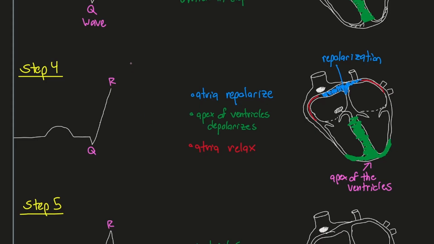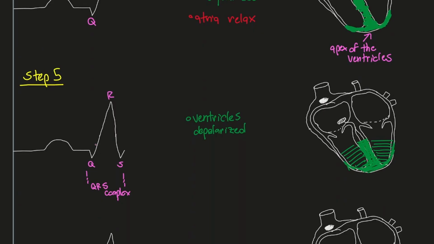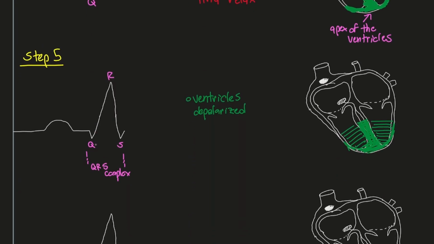So the important thing of our step 4 with the R wave forming is we see the conduction reach the apex of our ventricles, depolarizing the apex. And we can also see that our atria has relaxed. Now with the end of our QRS complex with step 5, we can see our ventricles are now depolarized. Now from steps 3 through 5, we can see the true implications our QRS complex can give to us, which, to put simply, is seeing a large part of our conduction communication between the atria and the ventricles.